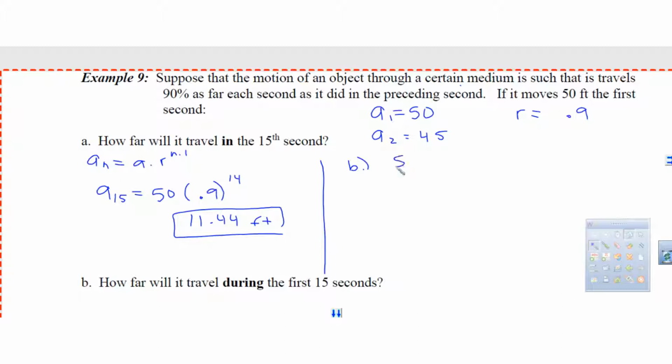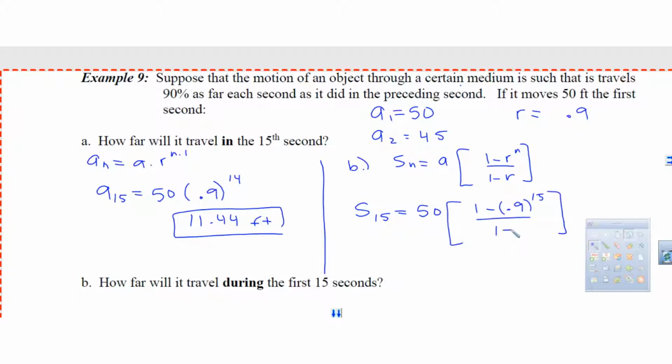Okay, so the formula is S of n equals A times 1 minus r to the n over 1 minus r. So I'm going to go the sum of the first 15 seconds is the first second, which is 50, times 1 minus 0.9, I'll put it in parentheses, raised to the 15th over 1 minus 0.9. Add parentheses around the top and parentheses around the bottom and just stick it in your calculator.